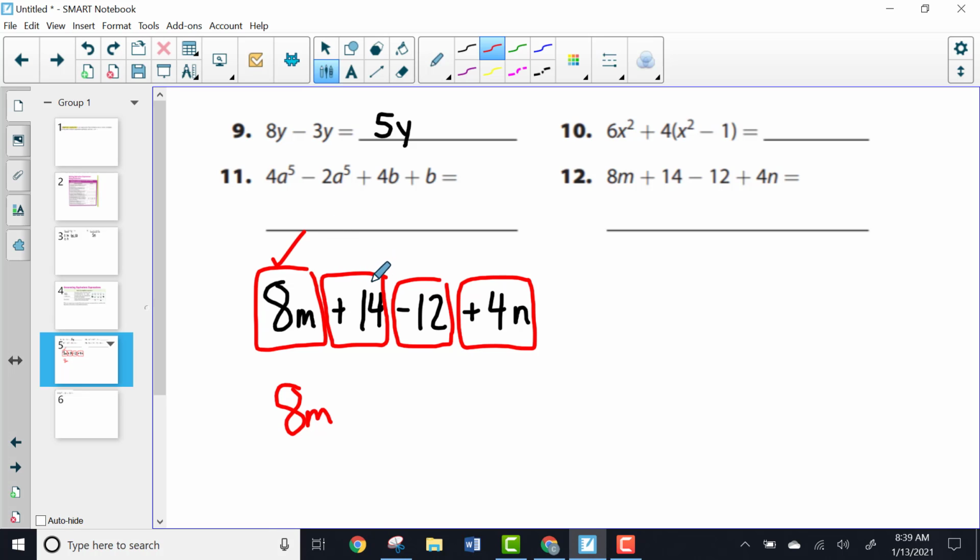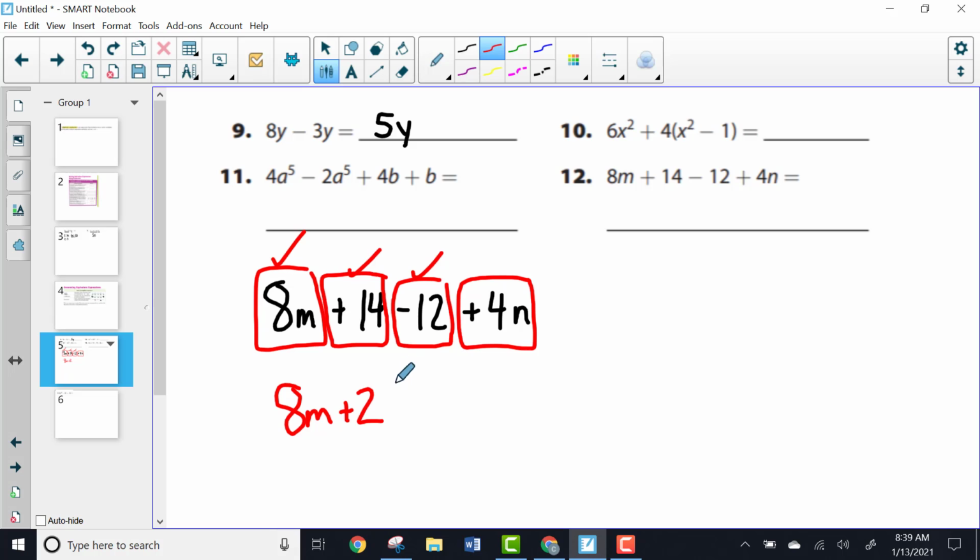Now we have positive 14, negative 12. Whole numbers, yes, you can combine them. So basically we're taking 14 minus 12, and that's going to give us positive 2. So we're finished with these two. And now we have lonely 4n here all by itself.